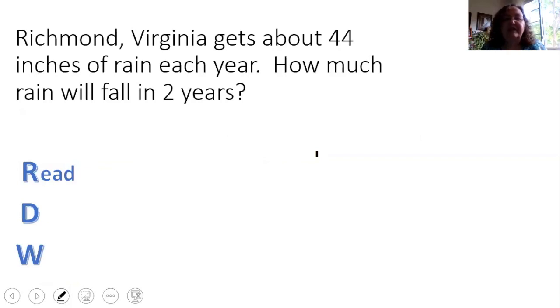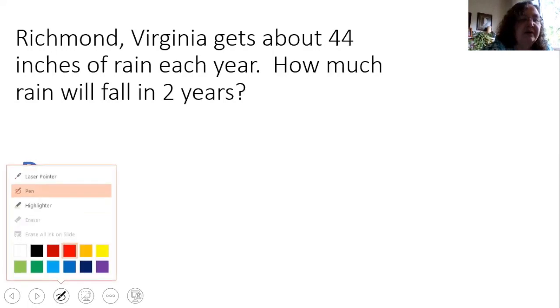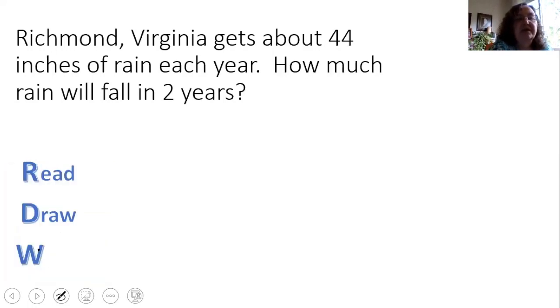Richmond, Virginia gets about 44 inches of rain each year. How much rain will fall in 2 years? Well, we've all read it, and I see about 44 inches and 2 years. What's our next step? We need to draw. So let's draw a tape diagram. I know that there's 2 years. Here's year 1, and here's year 2.